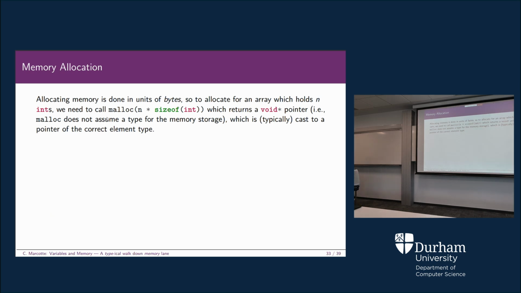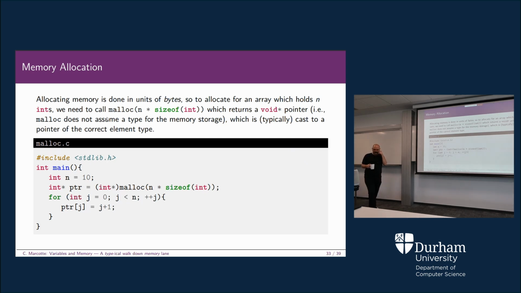Let's look at this in action. In this short program, we have int n equals 10, and then we have an integer pointer, which is cast to an integer pointer from malloc of n times sizeof int. So malloc is just asking, how many bytes do you need? I'll give you those bytes, and then we have to tell the program what's going to be stored in those bytes.